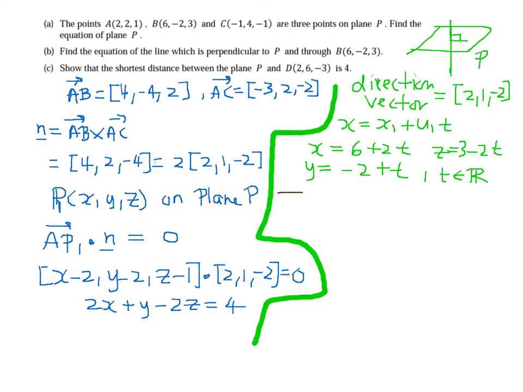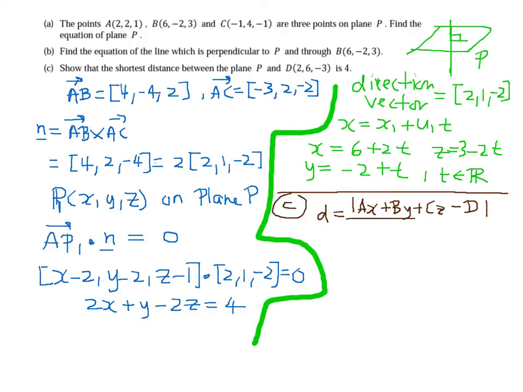Then finally, to respond to part C, we want to talk about the shortest distance between the plane and the point, and the formula to calculate that will be this one: the absolute value of ax plus by plus cz minus d, over the square root of a squared plus b squared plus c squared.